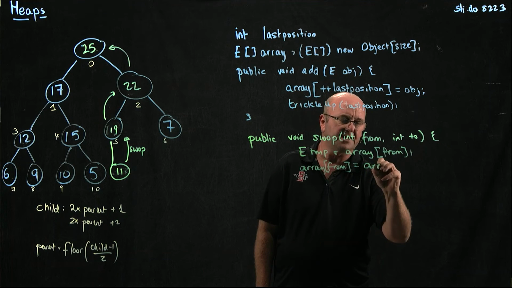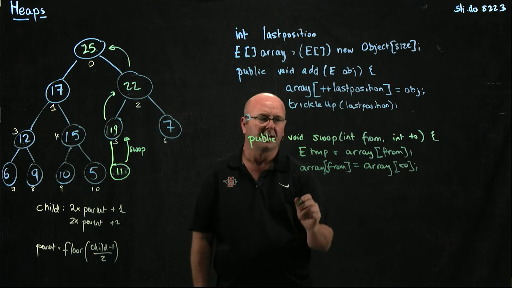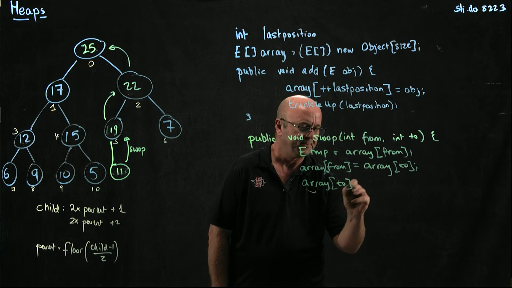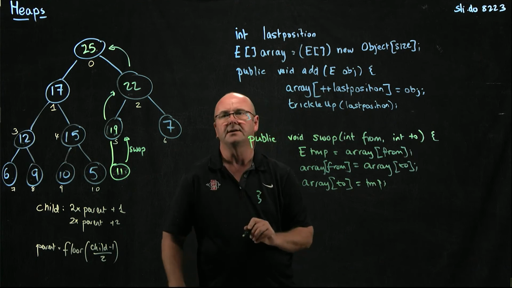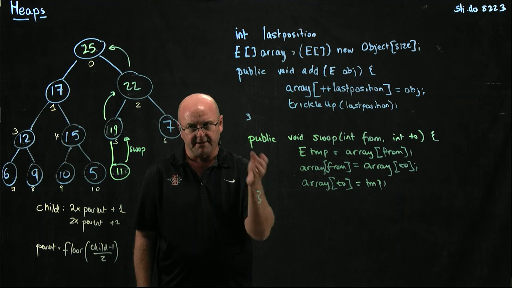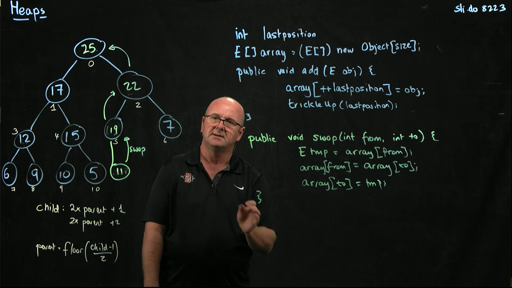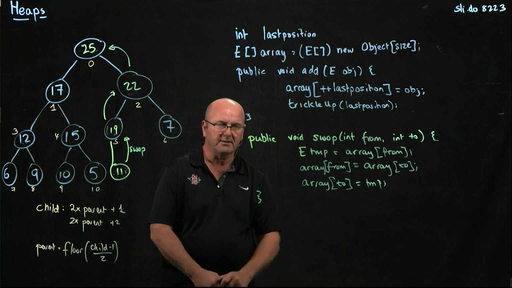Then we overwrite that element with the thing we're trying to swap. And now we set the thing that we've just swapped to our temporary variable, and we're done. Okay? It's a simple algorithm. It works every time. There's other ways you can do it, but this way is guaranteed to work, and I highly recommend you do that.